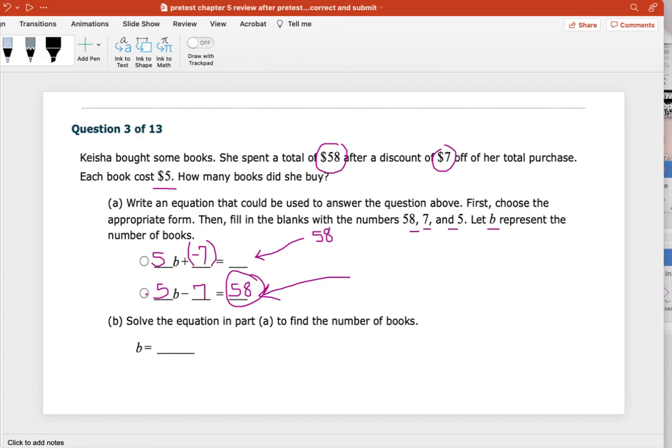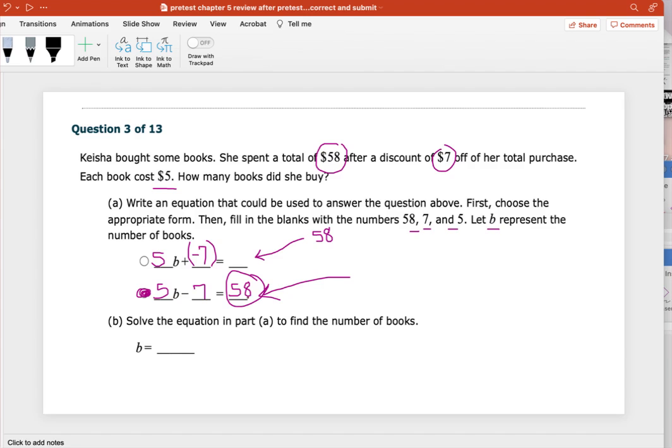So this is the correct equation. Because of the discount, we would use this one. So remember that all subtraction can be written with integers. We could have said 5b plus a -7, but they were intending for us to use this one because it had the minus already given for you.